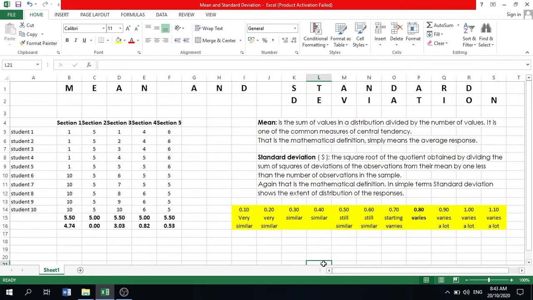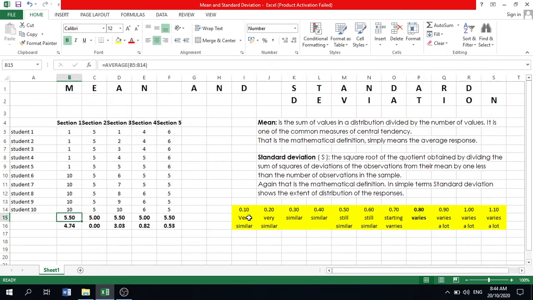For example, a standard deviation of 0.1 is very similar, 0.2 very similar, 0.3 similar, 0.4 similar, 0.5 still similar, 0.6 still similar, 0.7 starting to vary, then 0.8 varies, then 0.9 varies a lot, and 1 varies a lot.